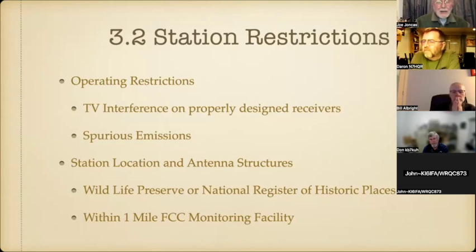Next are station location and antenna structures. Wildlife Preserve or National Register of Historic Places. If you are in one of those, you must get permission to put up an antenna and transmit.